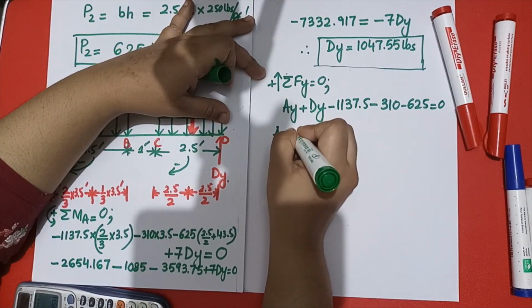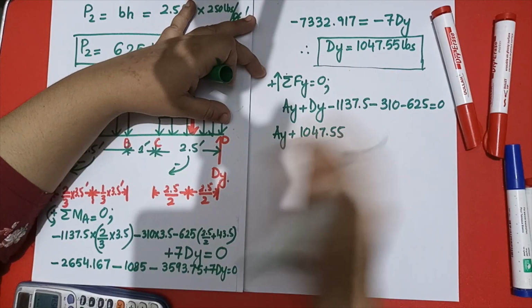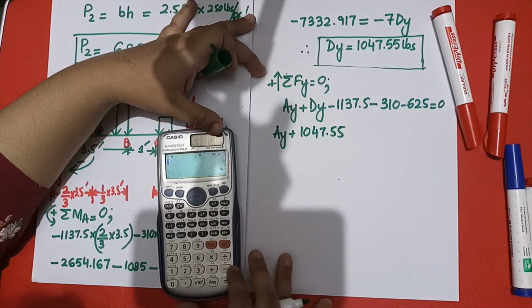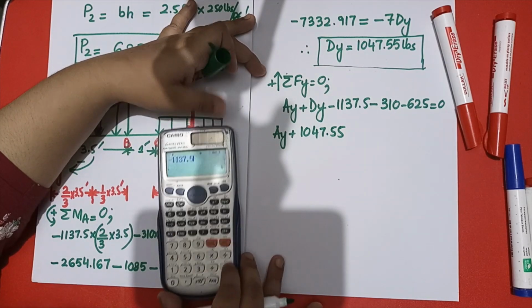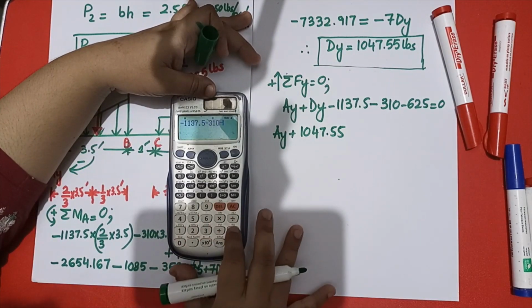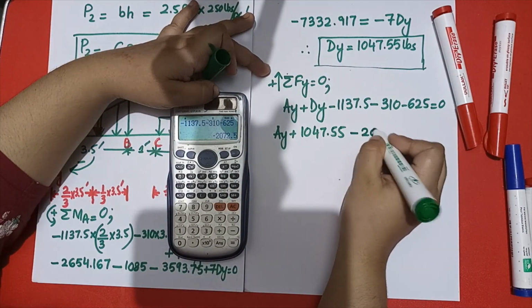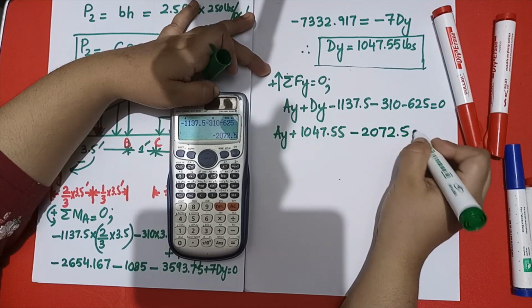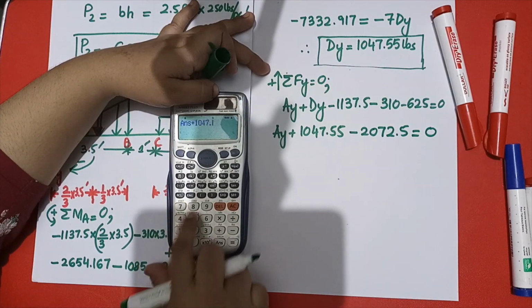So Ay plus 1047.55, and the answer will be here minus 1137.5 minus 310 minus 625. So minus 2072.5 equals 0, and plus 1047.55.